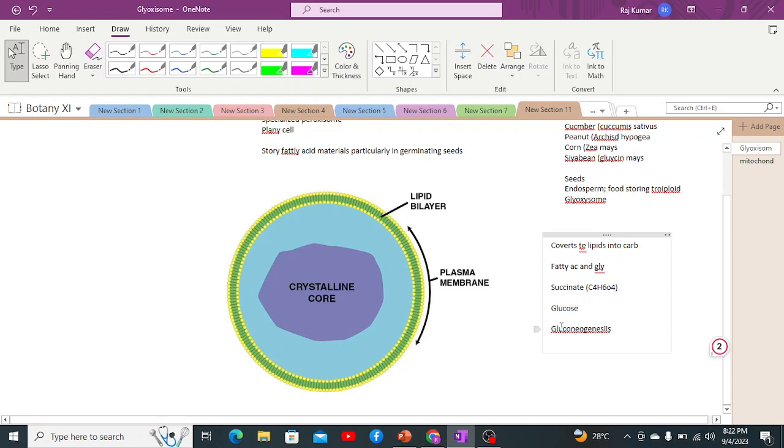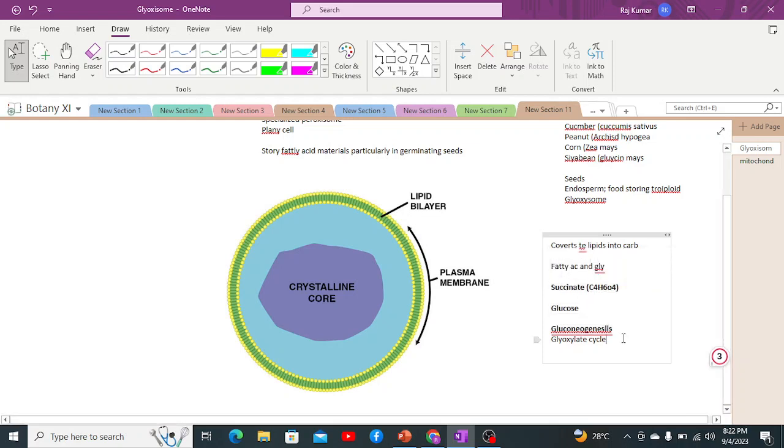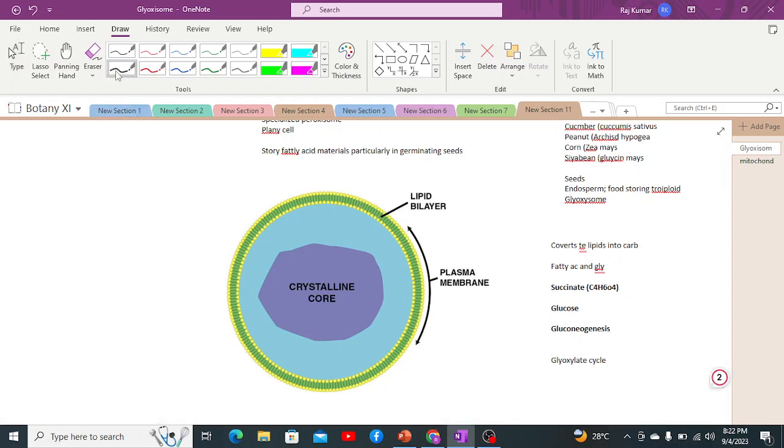Now, this occurs in a cyclic manner, which is known as glyoxylate cycle, while the phase in which succinate is converted into glucose is known as gluconeogenesis.